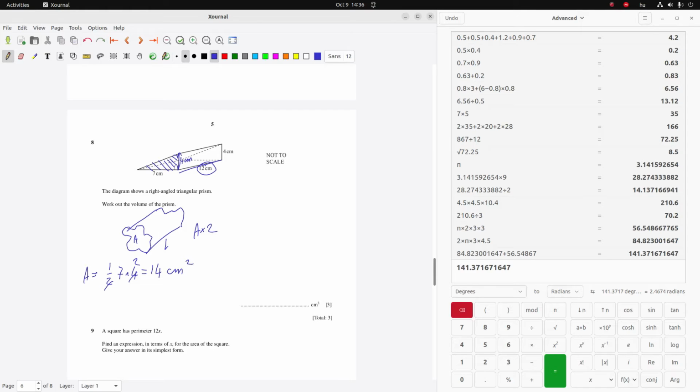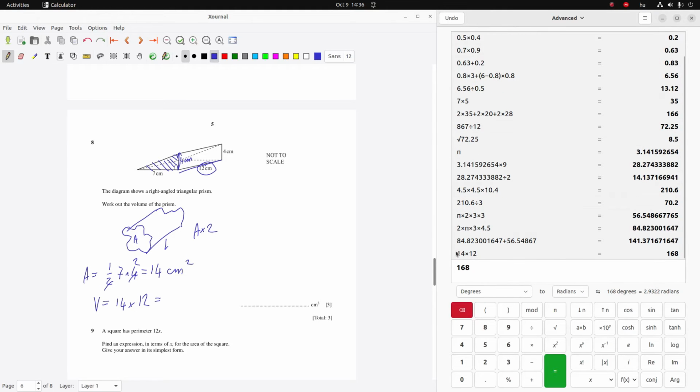That's the area, and that means the volume will be 14 multiplied by 12, which equals 168.